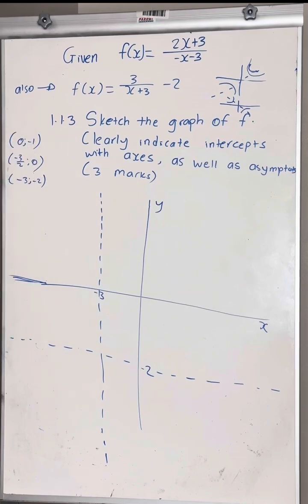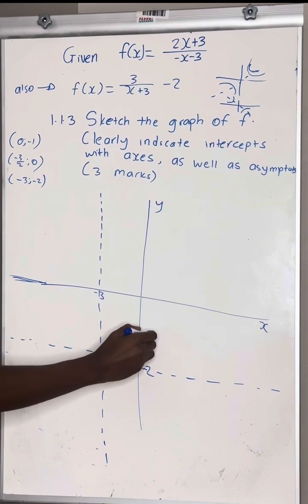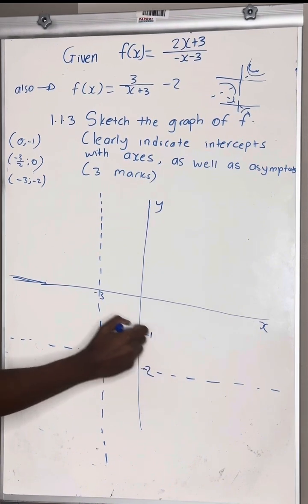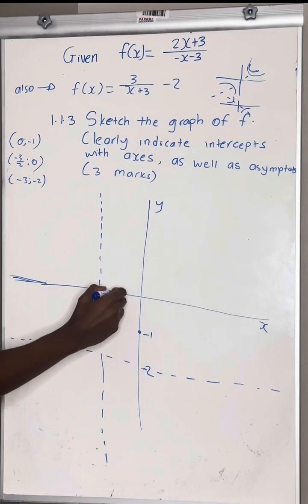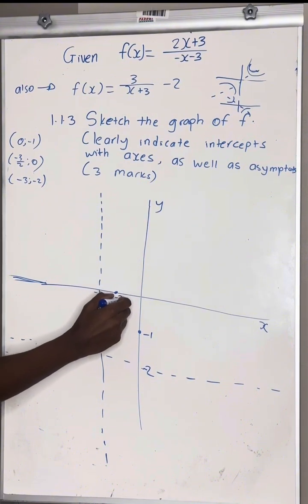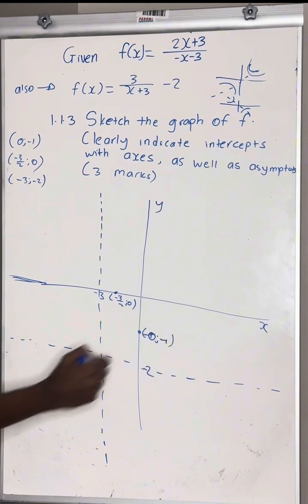Okay, and then from there, let's now indicate first our intercepts. So we have the y-intercept as 0 and negative 1. So negative 1 should be somewhere here. And then we have negative 3 over 2 and 0, so it should be somewhere here. So this is negative 3 over 2 and 0. This is 0 and negative 1.